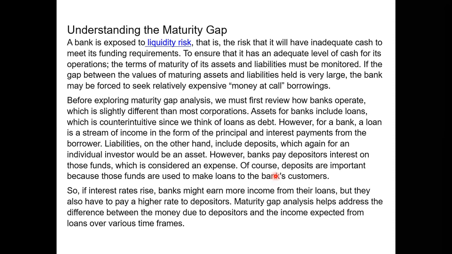So the bank utilizes customers' deposits to make a profit by converting them into loan assets. If interest rate rises, which is very important here, the bank might earn more income from its loans. It's obvious, but it also has to pay a higher interest rate on deposits, both ways.